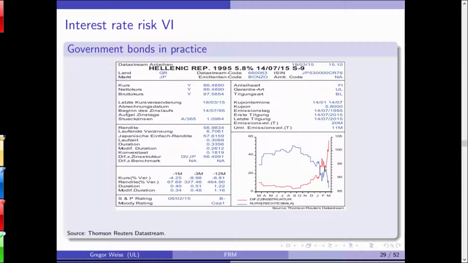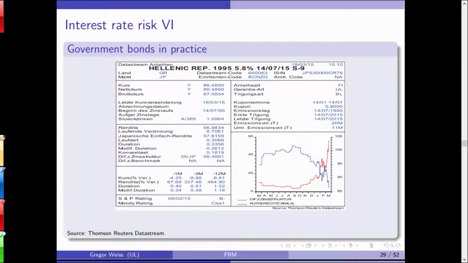So the Hellenic Republic back then paid 5.8% on its coupon, and this bond matured in July 2015. I took this snapshot in March 2015, and this one expired 4 months later.